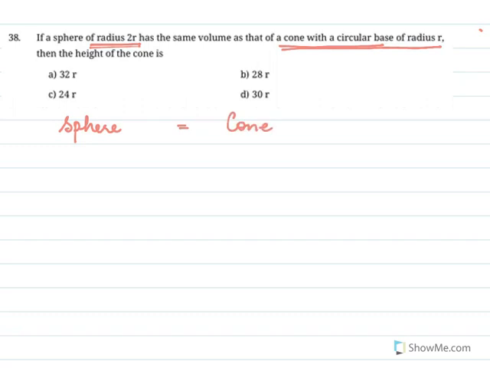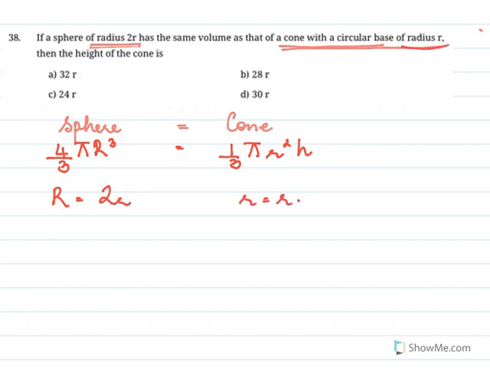So volume of sphere we know is 4 by 3 pi r cube equal to volume of cone 1 by 3 pi r square h. Here the radius of the sphere, they said, is 2r, and the radius of the cone is given as r.